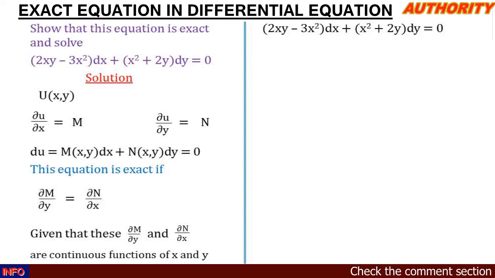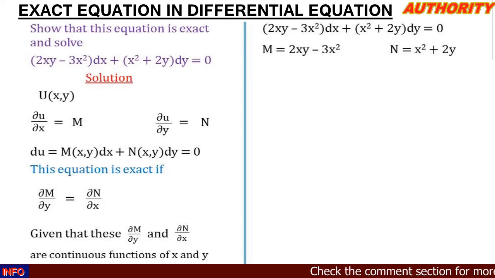The first thing we are going to do is examine the equation very well. The part that is having the x, we are going to call it M. Now, the part that is having the y, we are going to call it N.